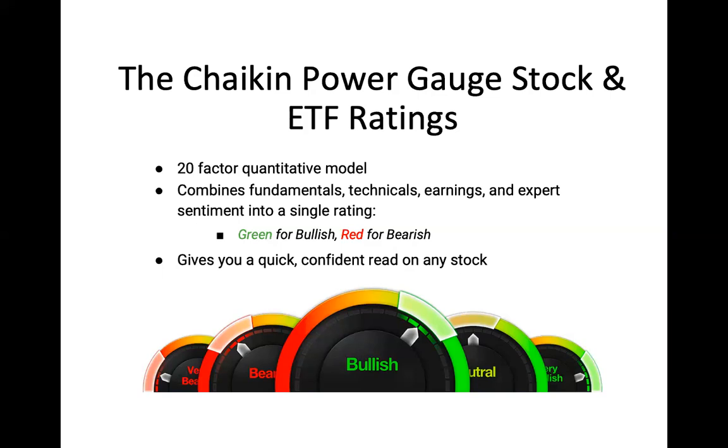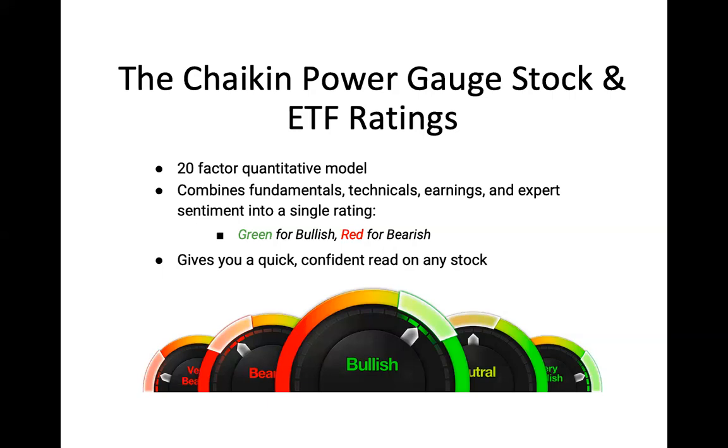And so we created the Chaikin Power Gauge ratings in 2010. They haven't been changed. They're not optimized. They're not curve fit. And they've done a great job at identifying both big winners and big losers. And now with the ETF ratings, you can zero in on strong sectors and industry groups, because I think that's one of the best ways to find winning and losing stocks for trading and investment purposes.